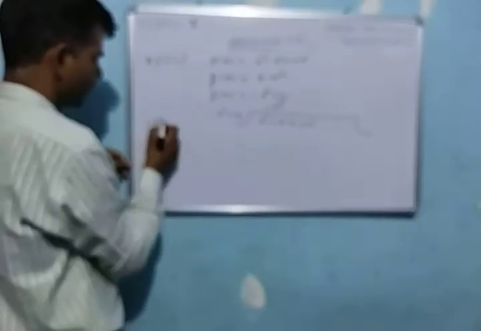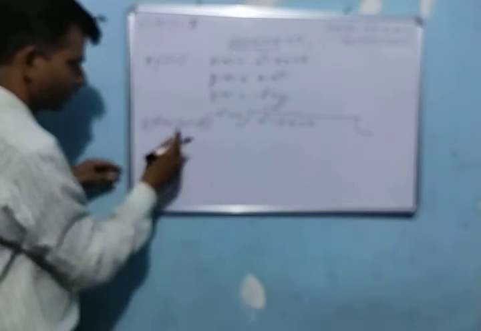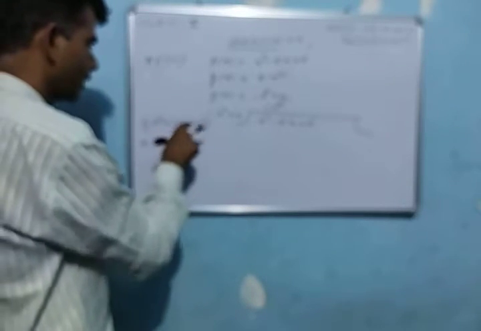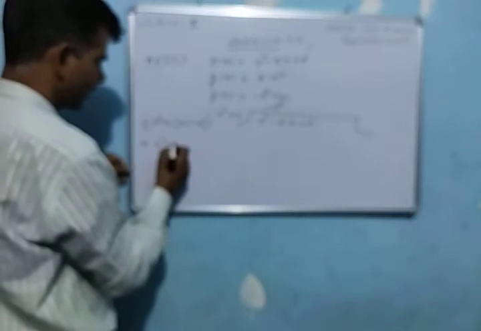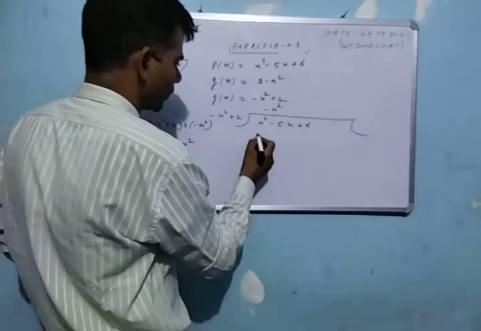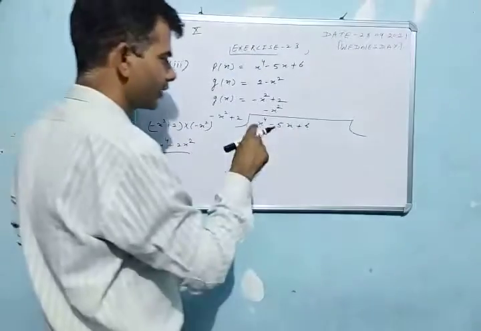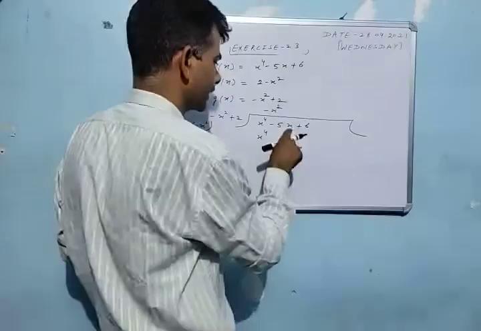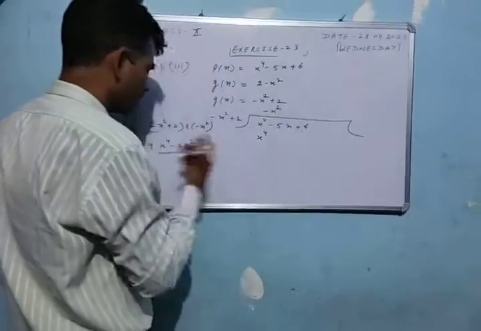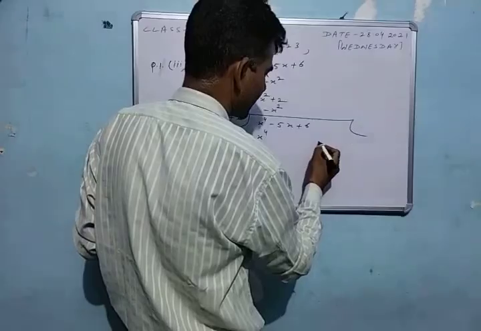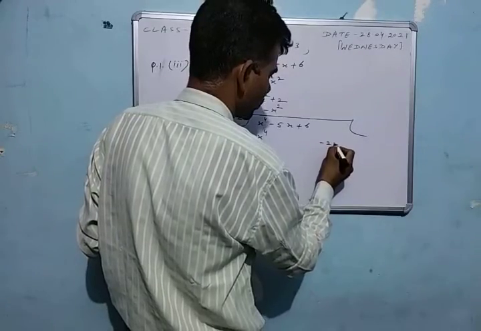The result will be x raised to power 4 plus 2 multiplied with minus x square, that is minus 2x square. Students, that is x raised to power 4 minus 2x square. Here we are observing that x square is not there in the dividend, that is a constant term. We will write it separately, that is minus 2x square.